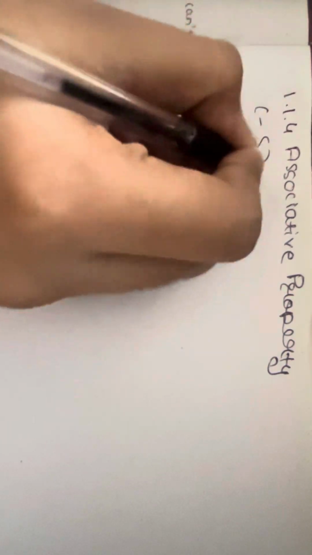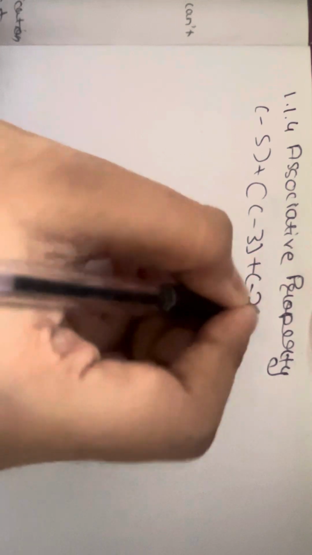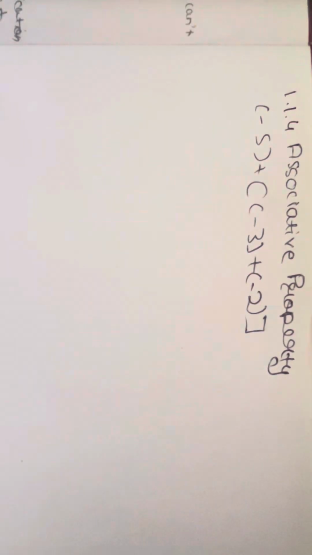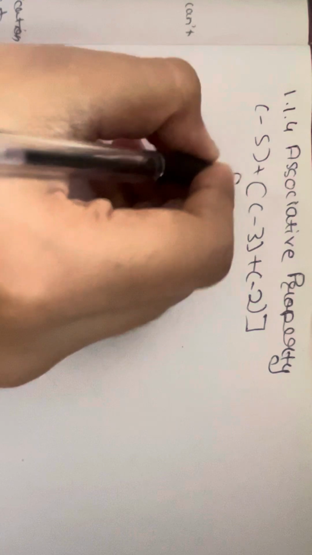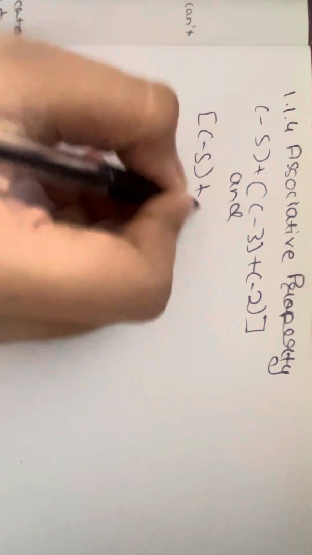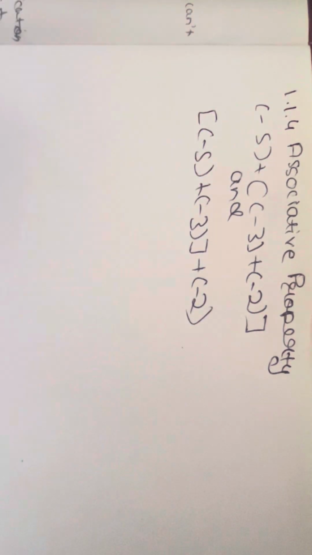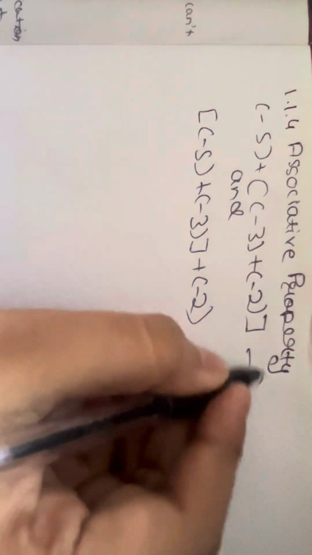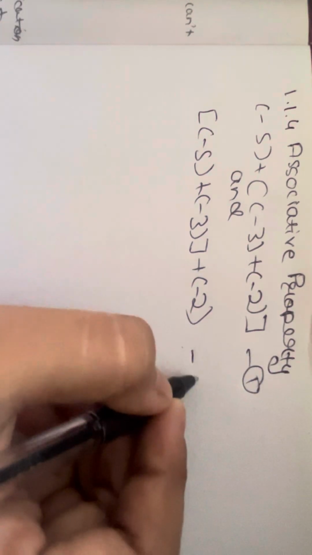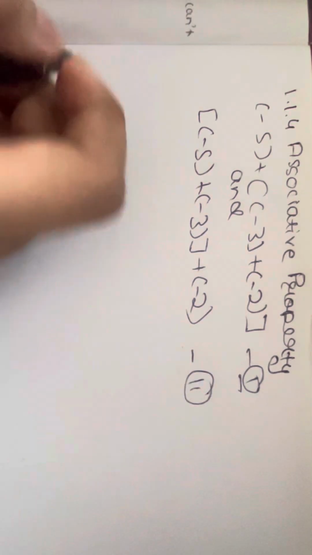Let's talk about the associative property by taking an example. Minus 5 plus minus 3 plus minus 2, and minus 5 plus minus 3 plus minus 2, with brackets grouped differently. So we are basically giving them equation numbers: equation 1 and equation 2.